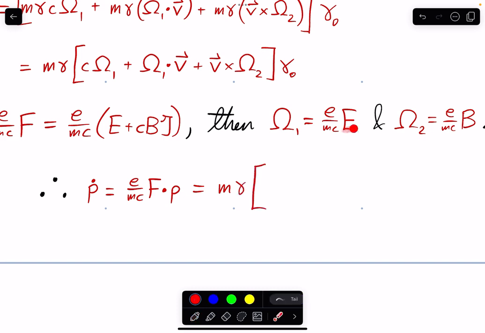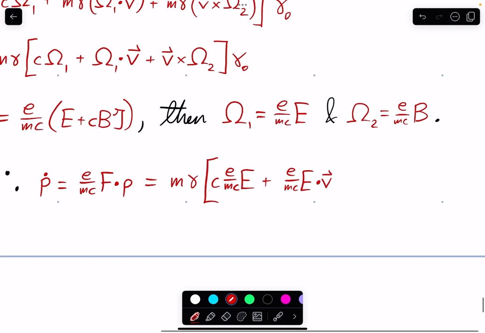So I'm just doing direct substitution of these values into this equation. C E over mc E plus E over mc E dot V plus E over mc V cross B.